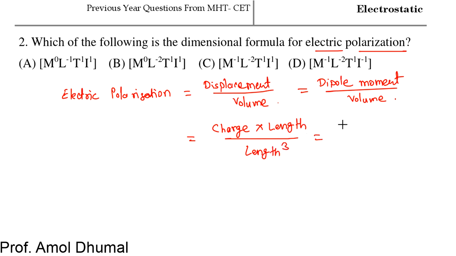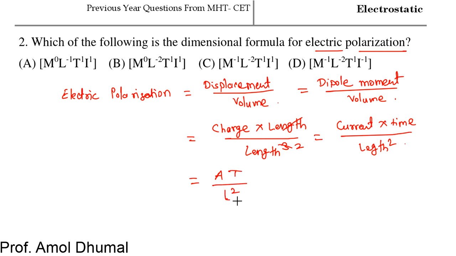Charge is nothing but current into time, divided by length square, since one length gets cancelled. So it is current I, time T, divided by L square.